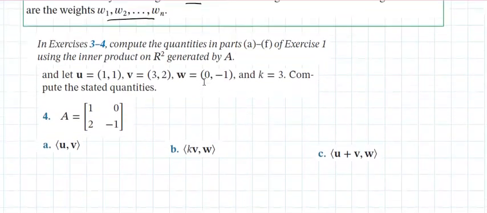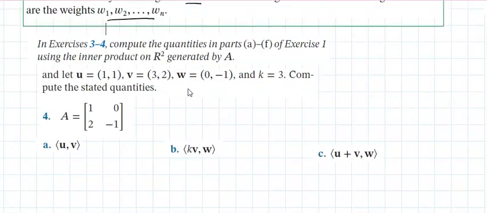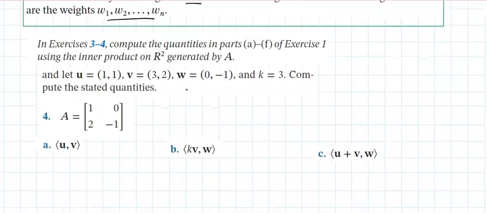Let's look at how you apply the inner product to matrices. So compute the quantities A through F of exercise 1. Again, the same thing that we did, and now we're going to apply the inner product on this matrix. Remember, everything is the same.